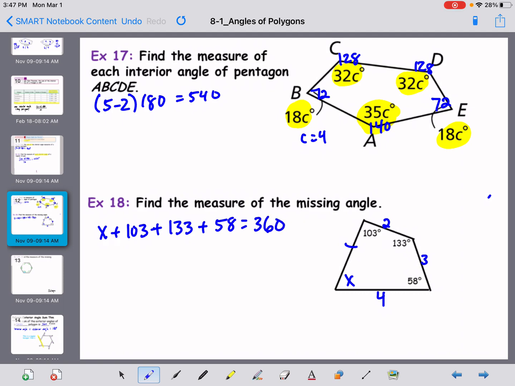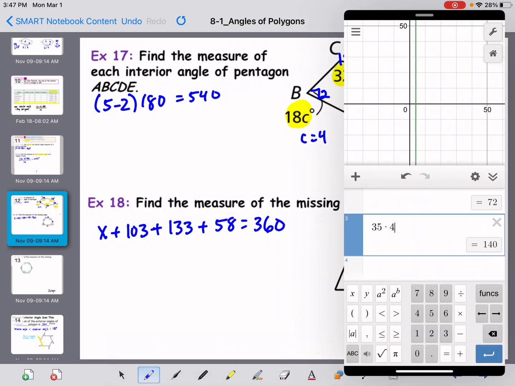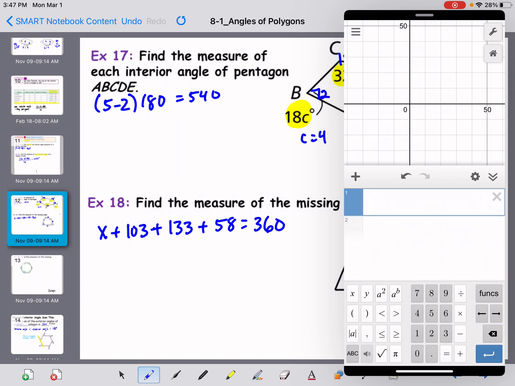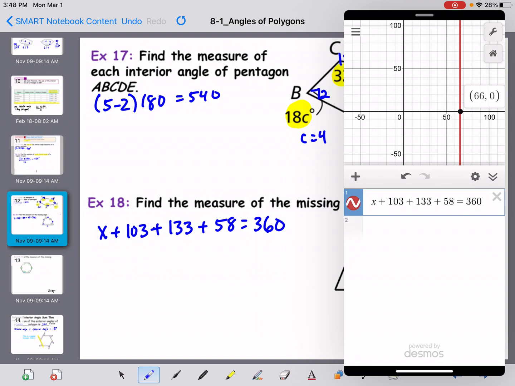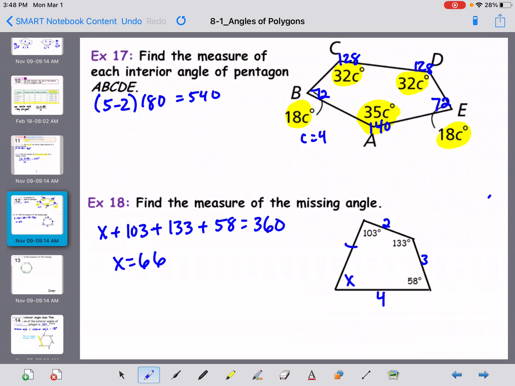So let me double check. 103, 133, and 58. Oh, that should be a plus sign. I'll make sure I've got them all. 1, 2, 3, 4. Yep. And so now x is 66.